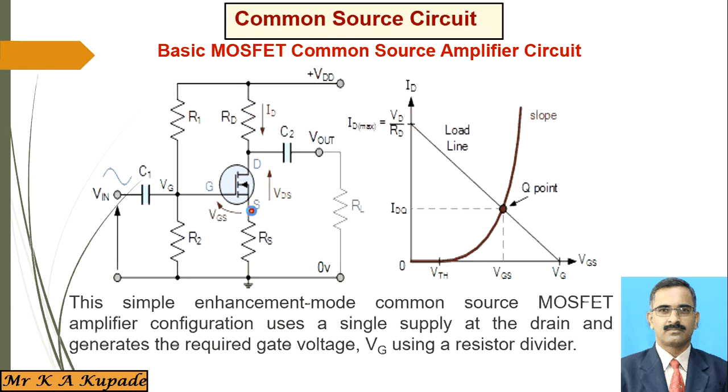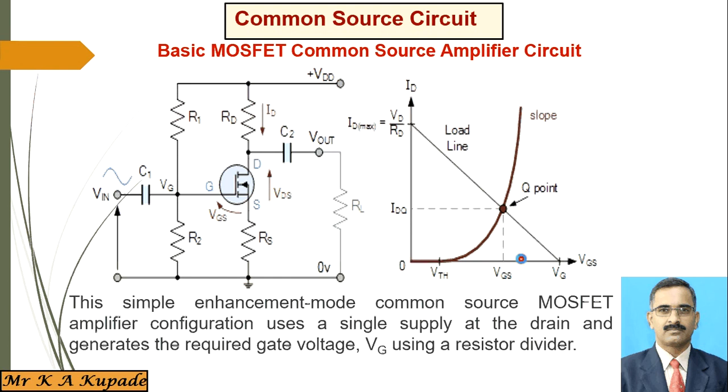Getting my point? This graph shows that whenever VGS reaches VTH, the ID current increases, and the drain resistance RD gives the relation of the ID current, ID max and all that.